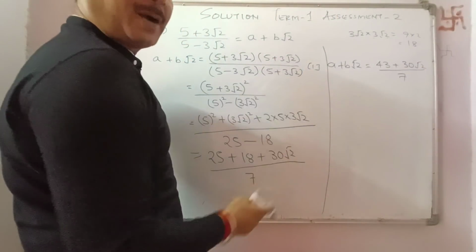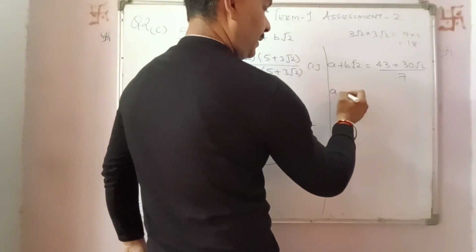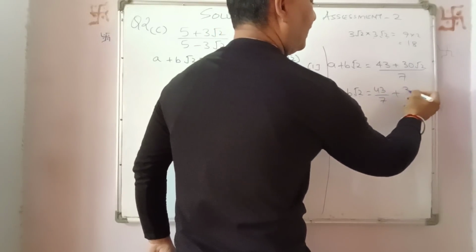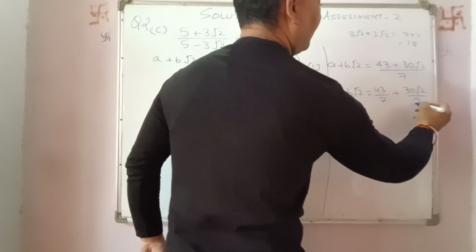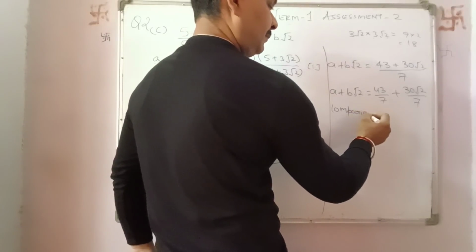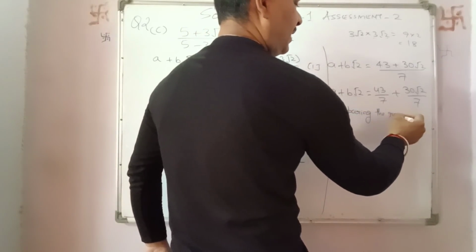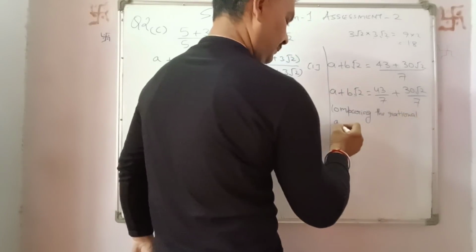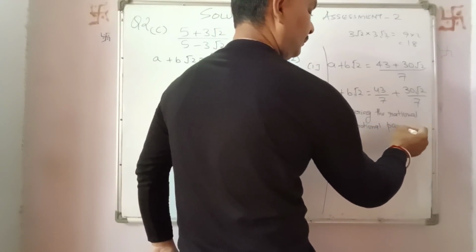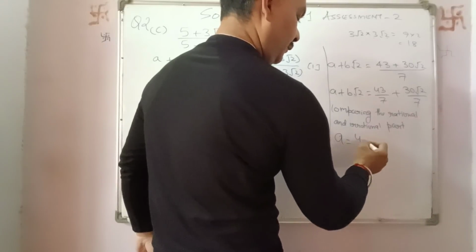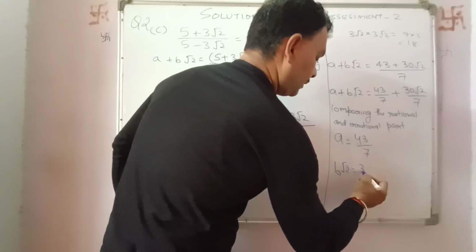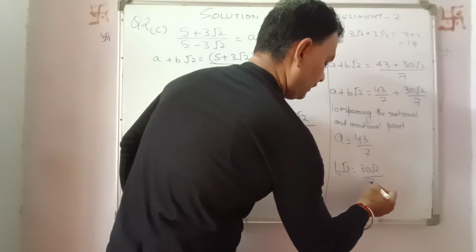Now breaking up into partial fractions on the right hand side, a plus b root 2 is equal to 43 by 7 plus 30 root 2 by 7. Now comparing the rational and irrational part, we see that a is equal to 43 by 7, b root 2 is equal to 30 root 2 by 7.